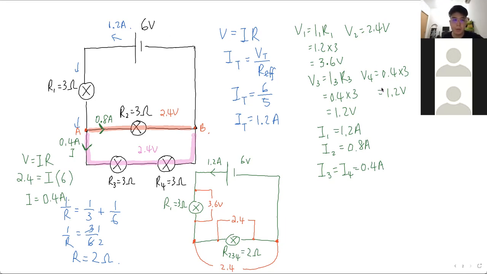Okay, so having found all of these, now we want to find power. Power across each resistor. Okay, so P1 is I1 V1. Okay, general power equation.